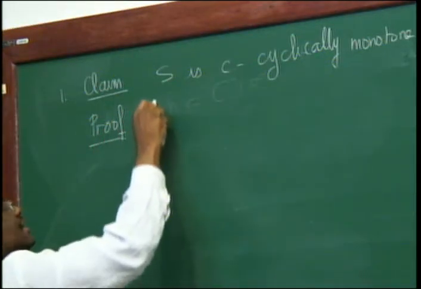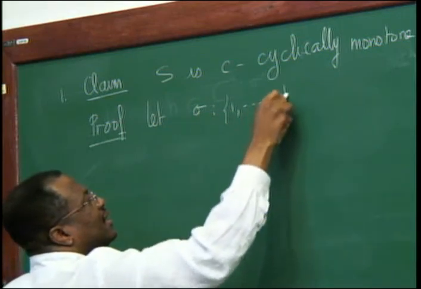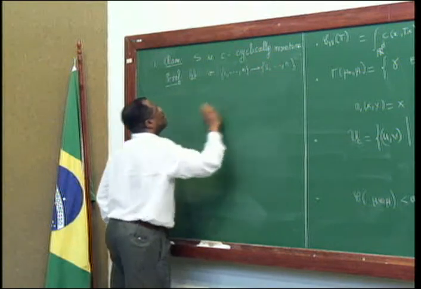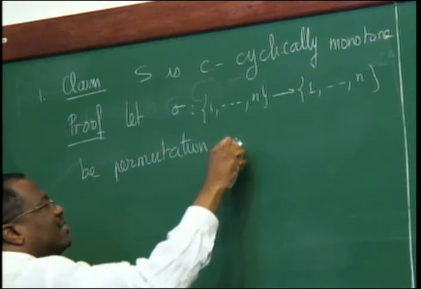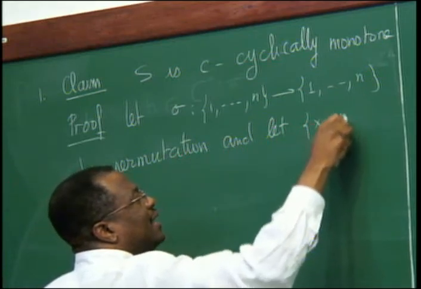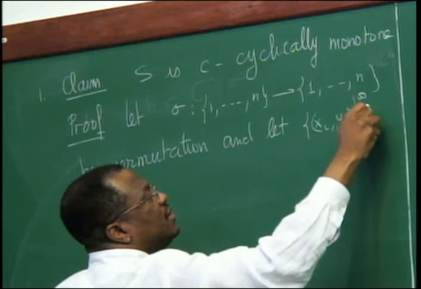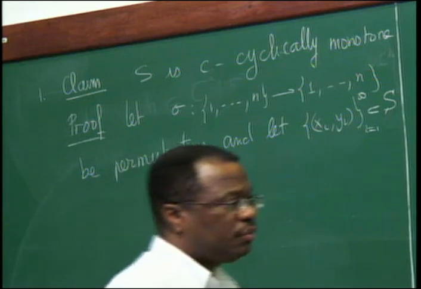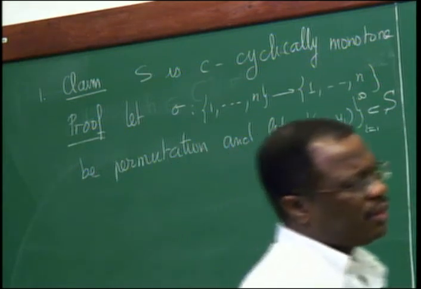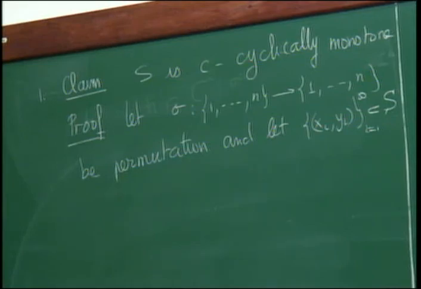Proof of the claim: let sigma from 1 to n be a permutation and let (xi, yi), i from 1 to n, be a subset of S. So on S, the gradient of u exists.